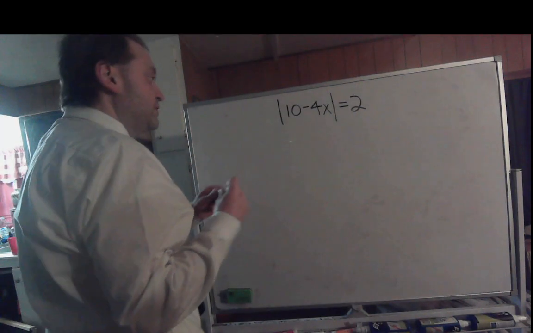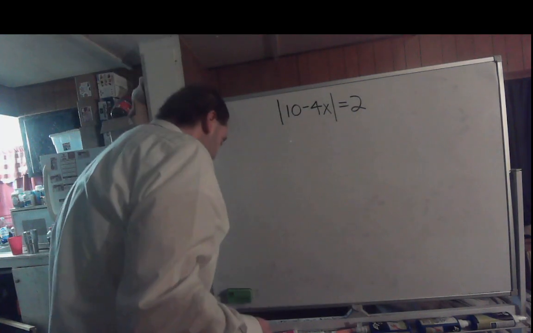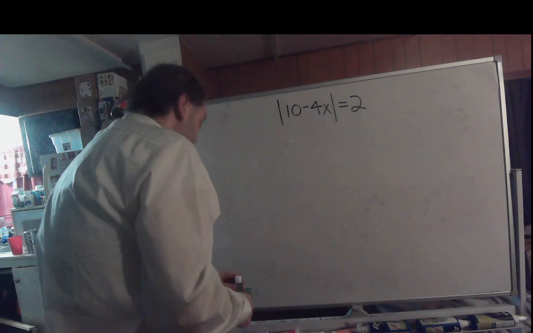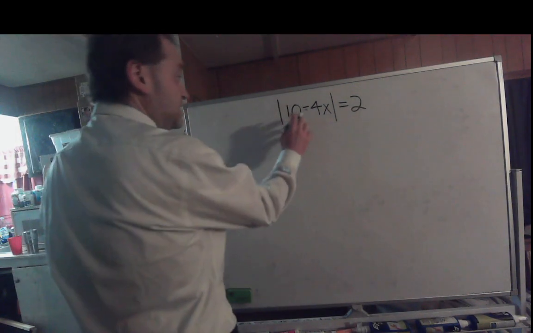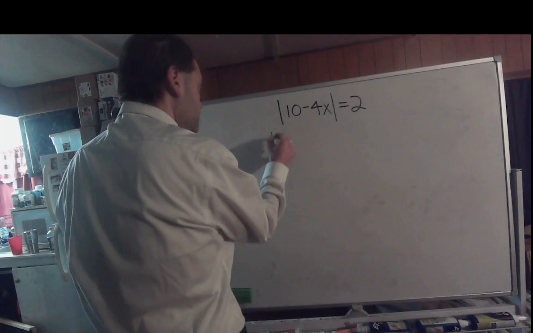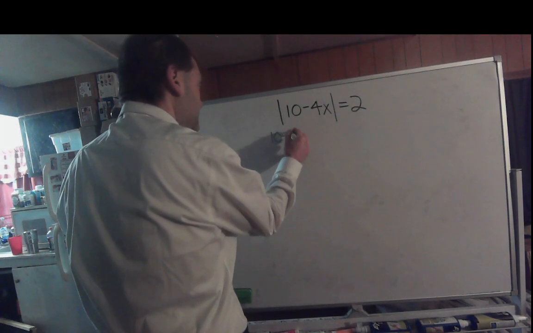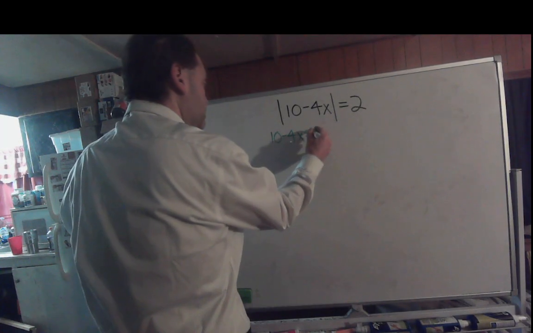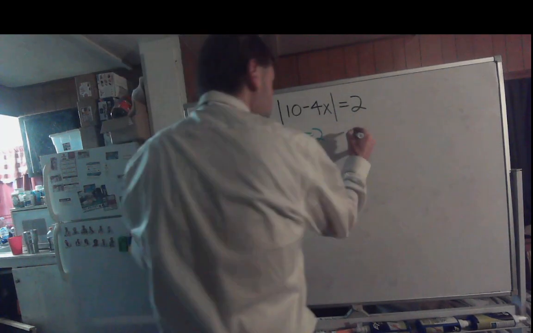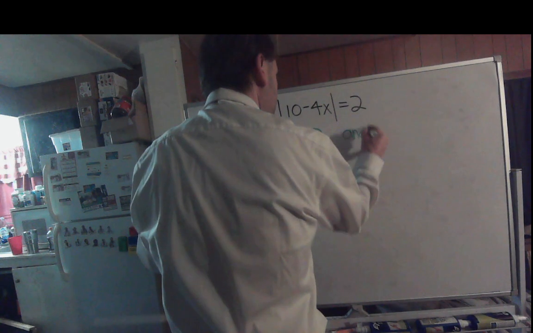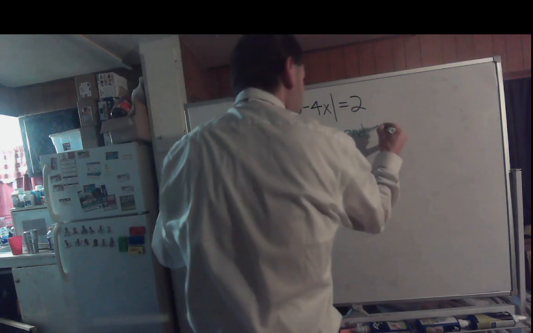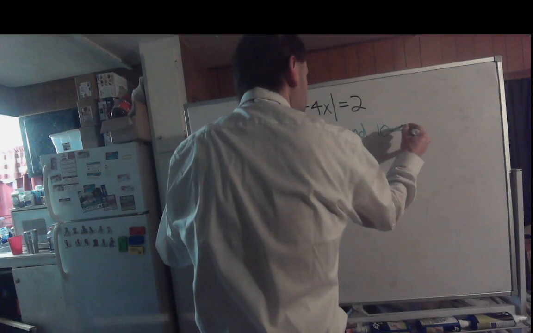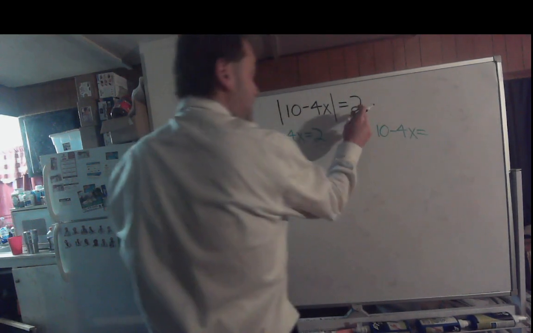So we'll set what's inside the absolute value, which is 10 minus 4x, equal to 2, and then you'll take that 10 minus 4x, set it equal to negative 2.